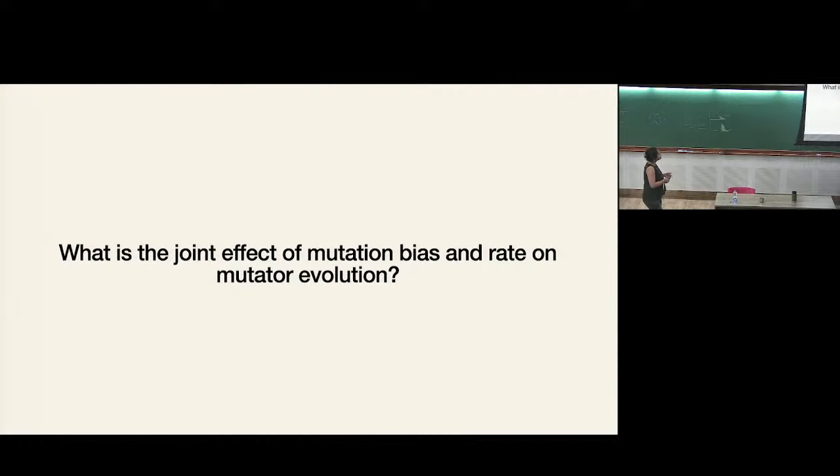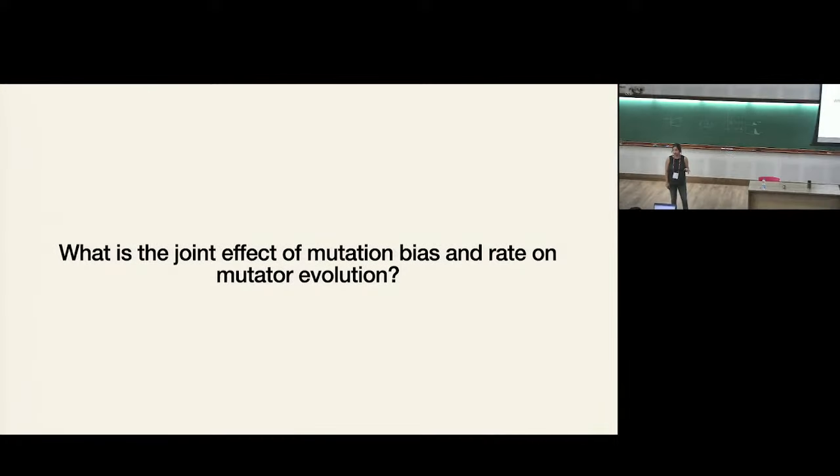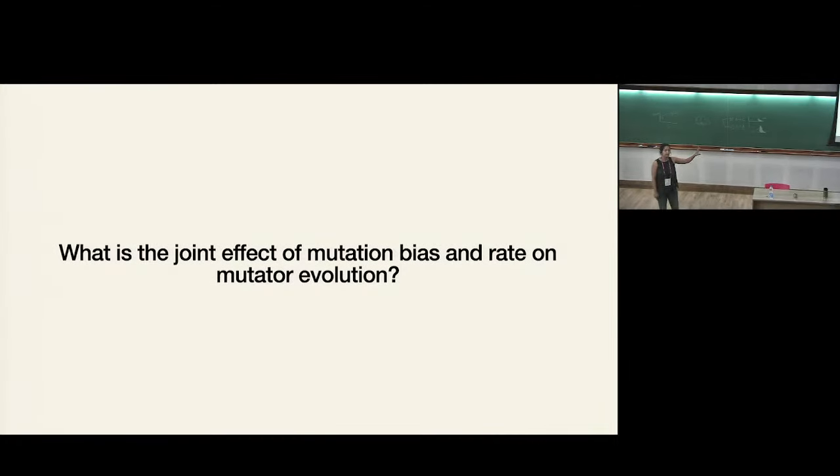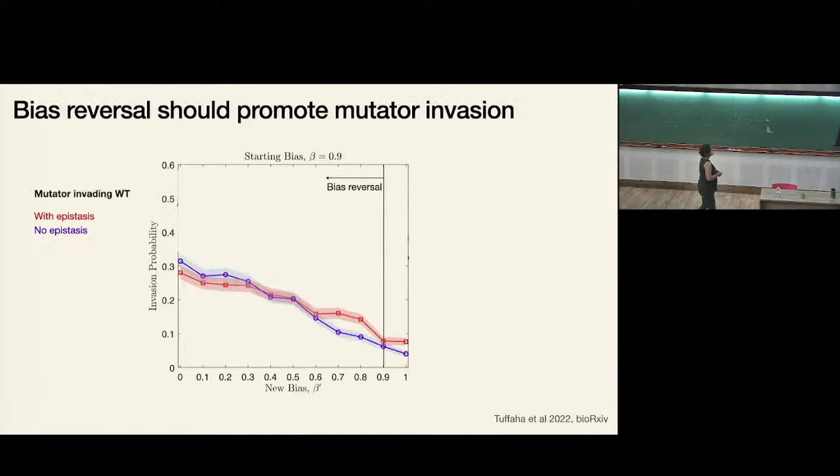So now what happens when you allow the joint effect of mutation bias and rate to dictate what happens with mutators? Everything I told you so far, we were ignoring the fact that the mutator can have a faster rate of evolution, right? Because we were stopping at the one single mutation step point. Now we allow those higher mutation rates to also play a role. What happens then? Lindy has done further simulations to ask this question.